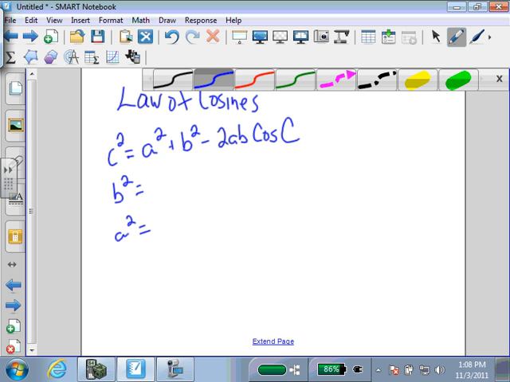This first pattern looks a little like the Pythagorean theorem, except since it's not a right triangle, there's something taken away.